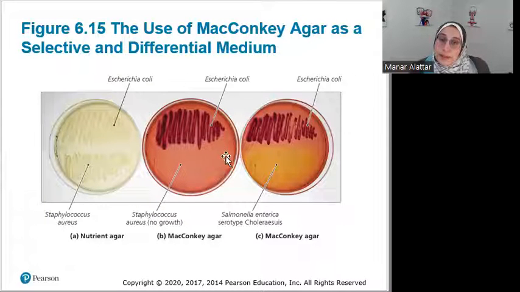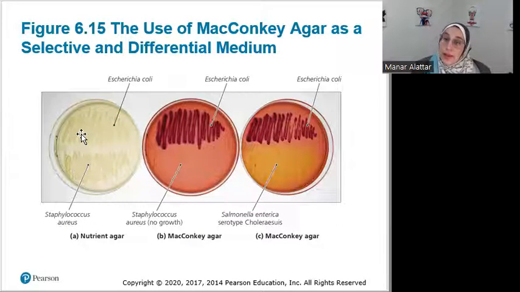So if you have that sugar being fermented, lactose is the sugar, then you're going to see pink colonies or a pink halo. And if that sugar, lactose, is not fermented, then you're not going to see that pink color. So either it'll just stay red or it'll be yellow, okay?